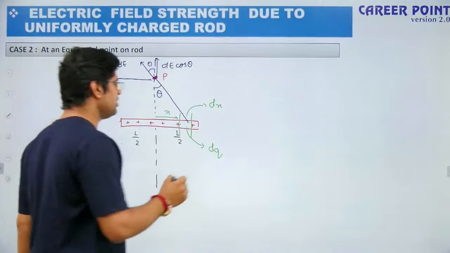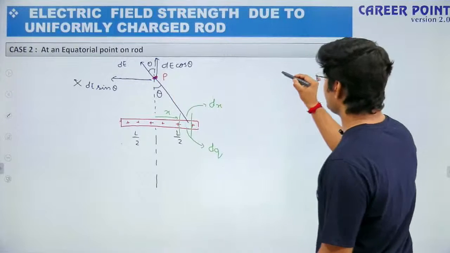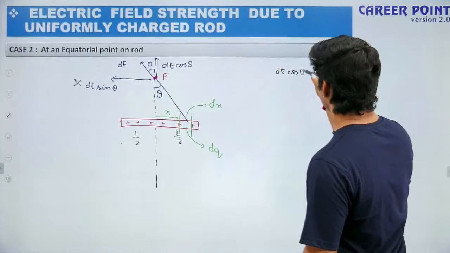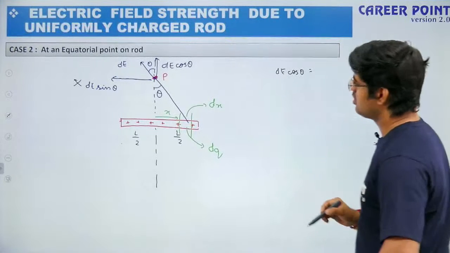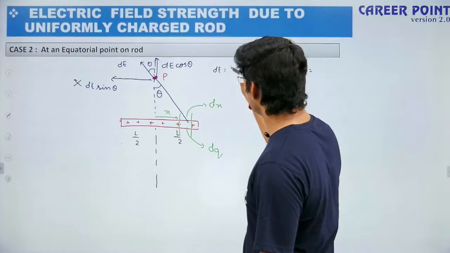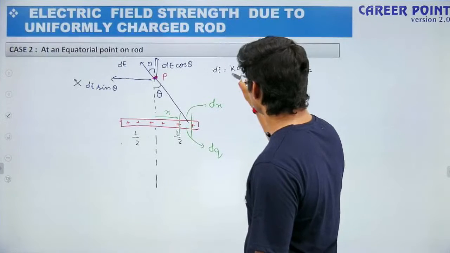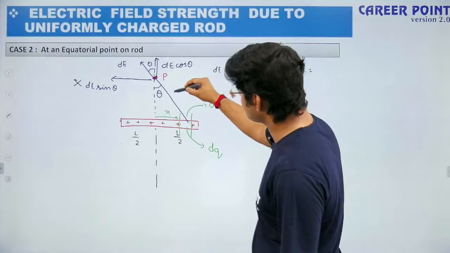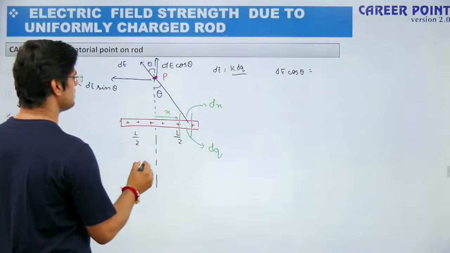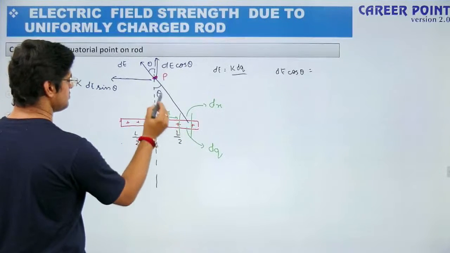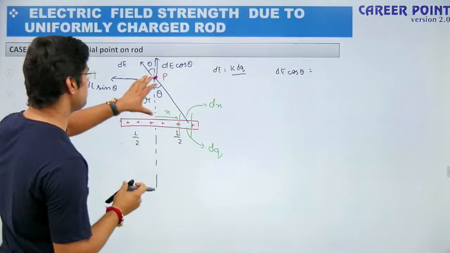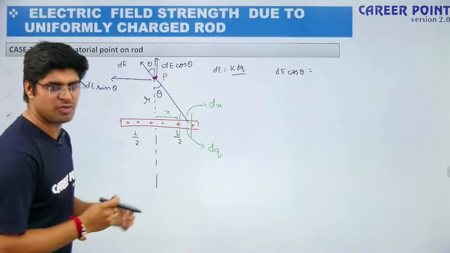So in that case, I can write the expression of dE cos theta. First of all, what is the value of dE? The value of dE is given by k dq divided by distance square. What is the distance? If this is x and this is dx, and let's say this is a small r, the distance of point P on the equatorial axis is small r.